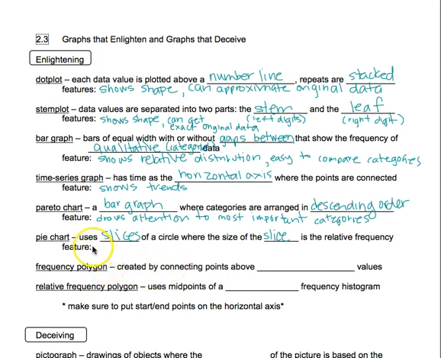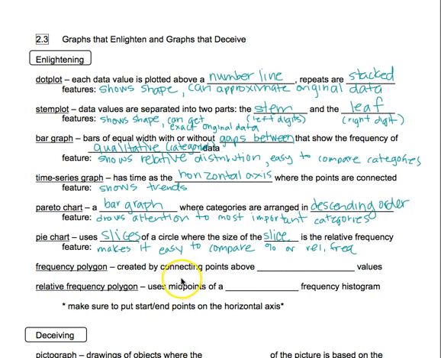A feature of this is that it makes it easy to compare the percents or relative frequencies. When you look at the size of the slice, it becomes very obvious which are the highest percentages and how much bigger they are in comparison to some of the other categories.